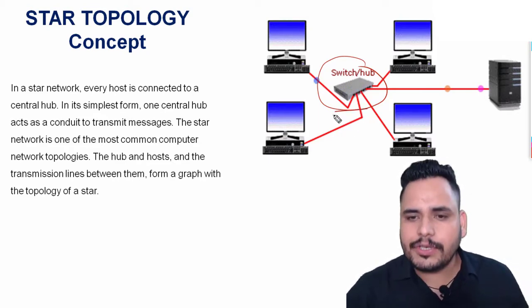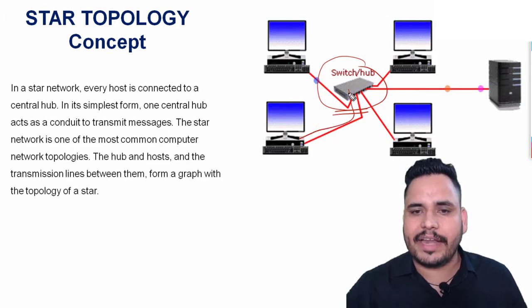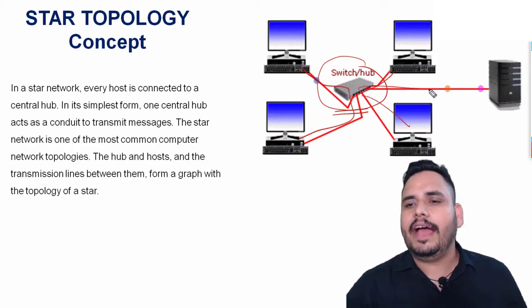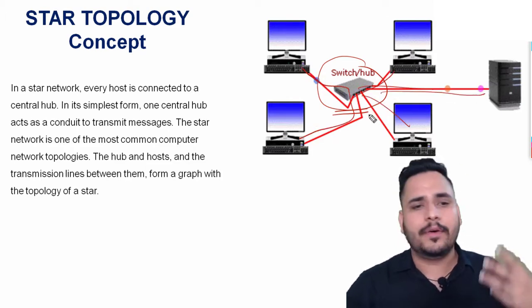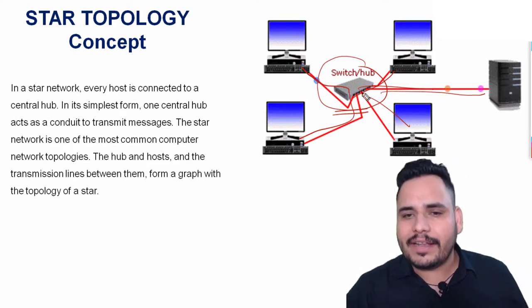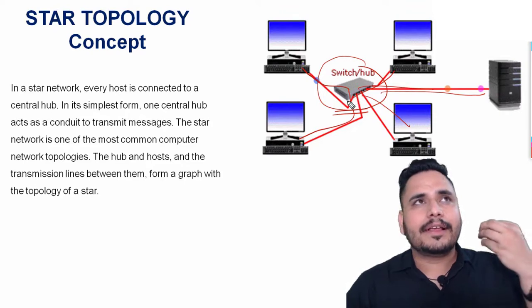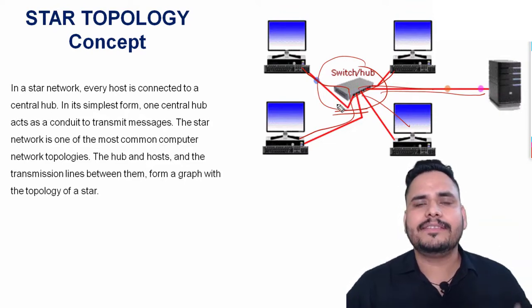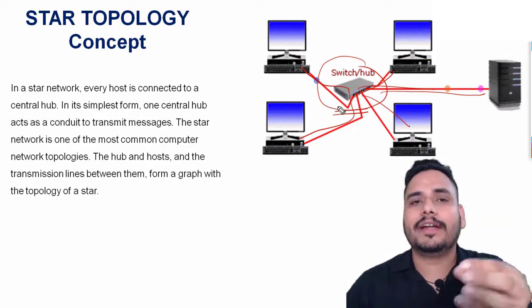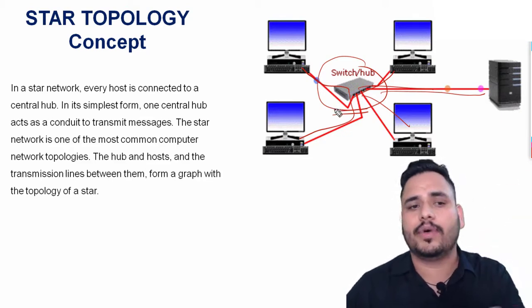So in this, you can see the centralized device is directly connected to PCs as well as servers and workstations. One central switch or hub acts as a conductor. Conductor means it is used to conduct all the packets from one PC to another PC.